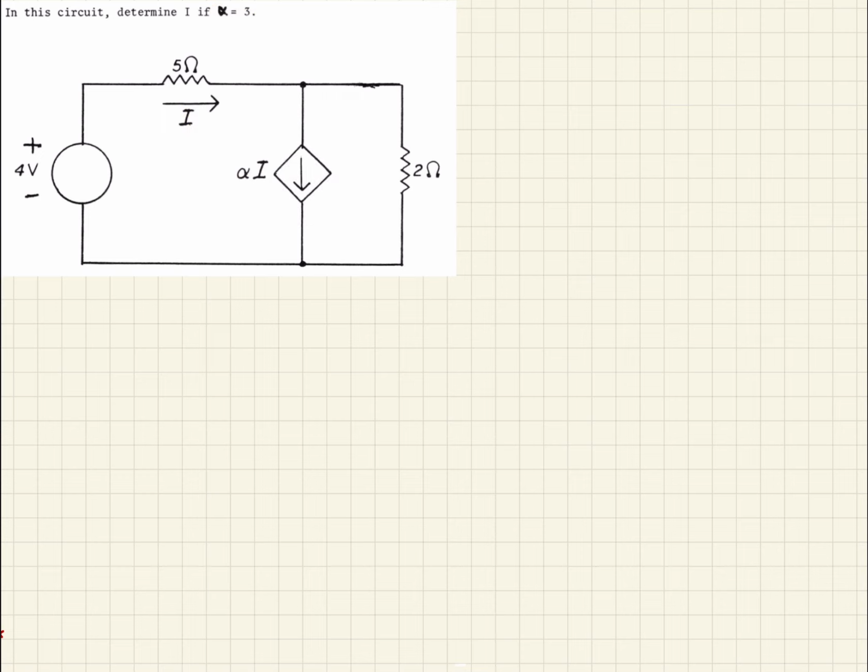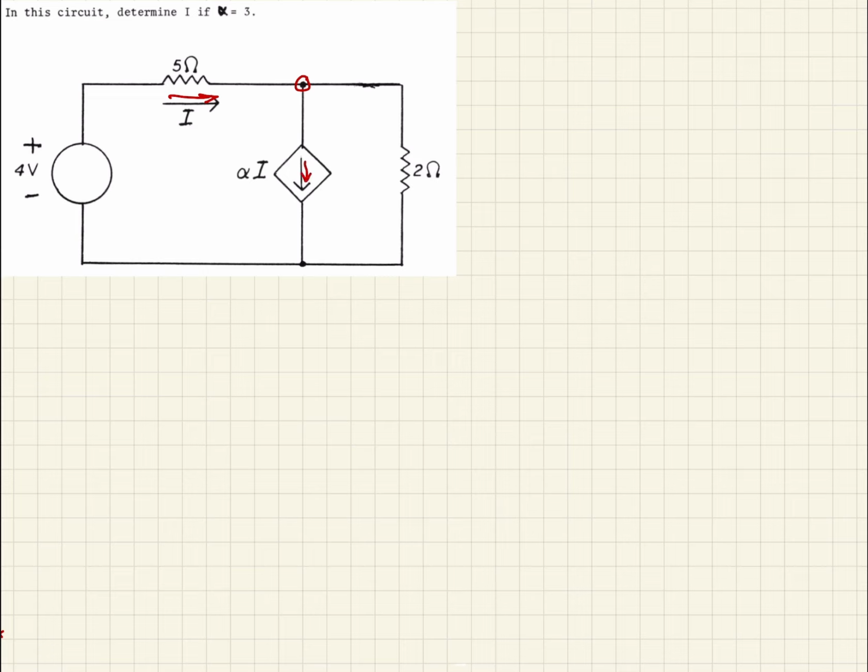So the first thing we're going to see is, let's get this set up here, we have this node. And so we're going to sum up the current in and out of this node. We're going to define going into the node as positive. You can see we have this current coming in, this current coming out.